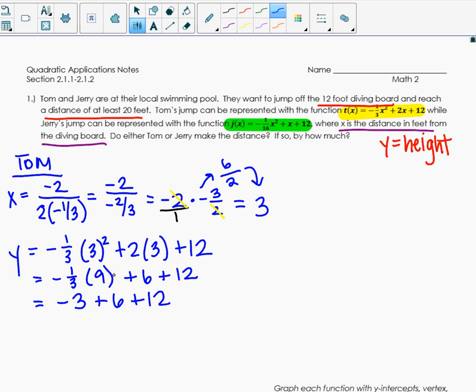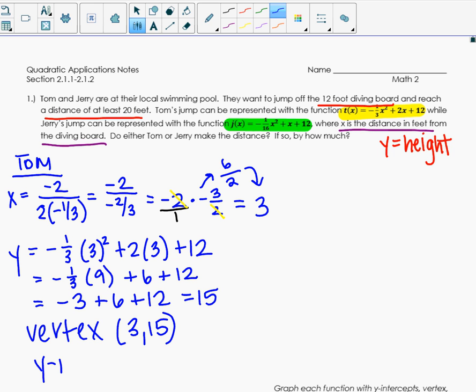Well, -3 plus 6 is 3 plus 12. We get 15. So our vertex here is (3, 15). Okay.